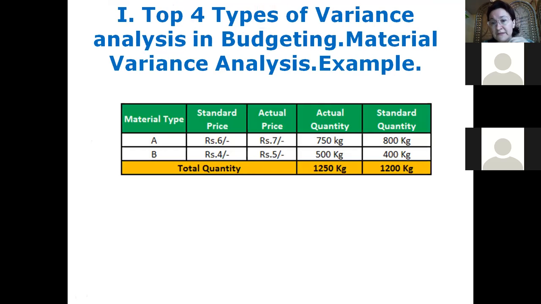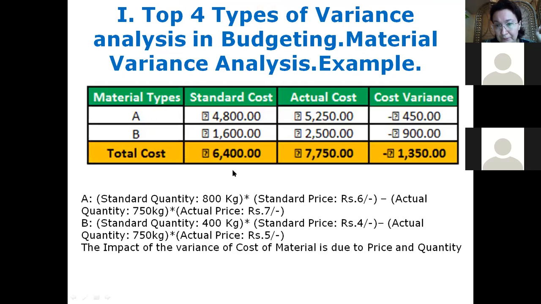And let's look at the example. We use 2 material types, A and B. We know the standard price, actual quantity, and standard quantity, and the total amount, total quantity. Regarding the cost variance, we can get the cost variance by calculating the difference between the standard cost and actual cost.